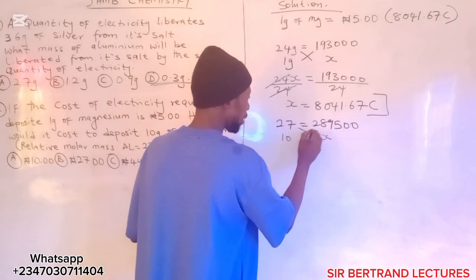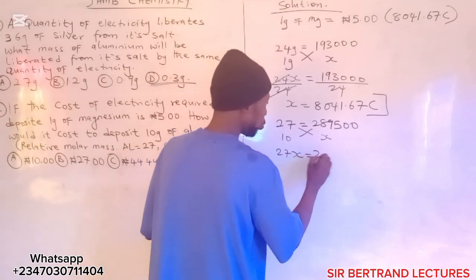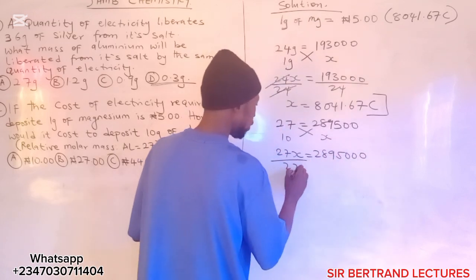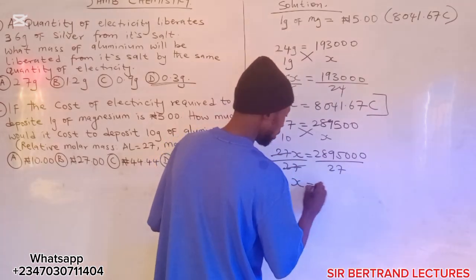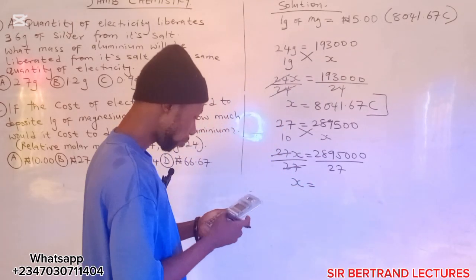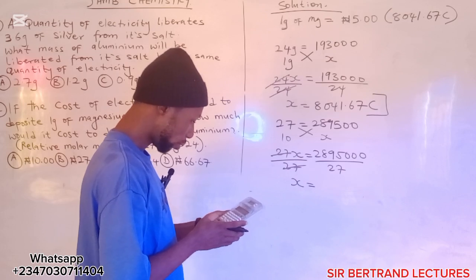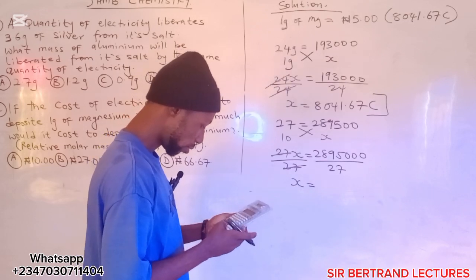If you cross and multiply, 27x is equal to 289,500 divided by 27. X is equal to 289,500 divided by 27.